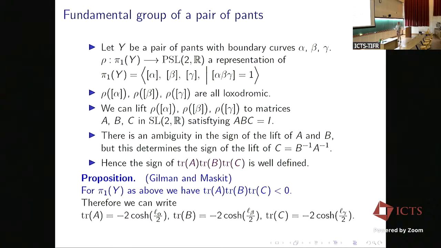And so that means that even though the signs of trace of A, trace of B, and trace of C are not determined, the sign of their product is determined. And this is a really subtle point, and I've seen several people make mistakes in papers because they haven't realized this rather subtle point.